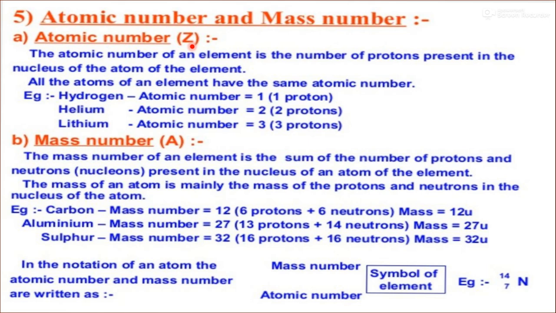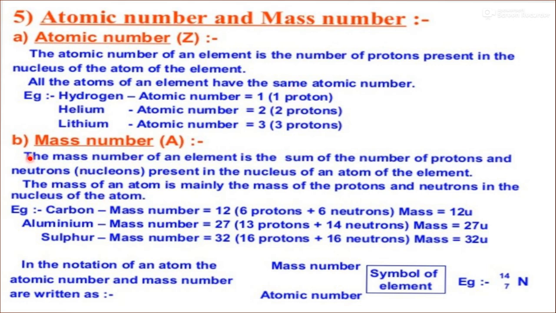It is denoted by Z. And atomic number is a characteristic property of an element. As I had discussed with you, characteristic property means the property which is present only in that particular element. So atomic number cannot be shared by two or more different elements. It is unique for one type of element.